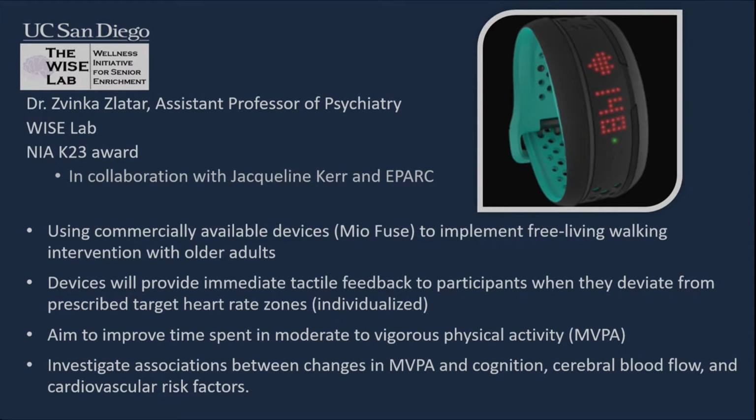Okay, Zvinka's just in the back there, so you can speak to her afterwards about this. She's got a K award, and having reviewed the different devices, she's using a Mio Fuse that will monitor their heart rate. She's trying to find out if she can get them to adhere to a heart rate tailored guideline for physical activity, and she's testing all the cognitive and cerebral outcomes as well.